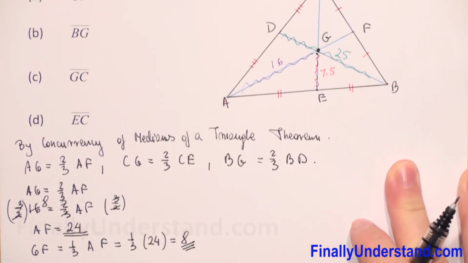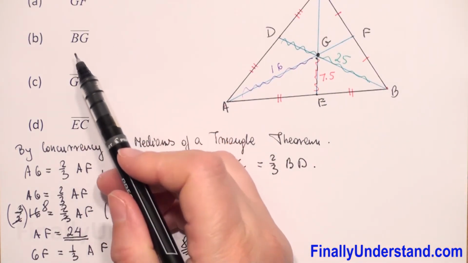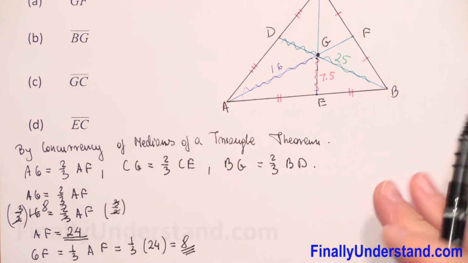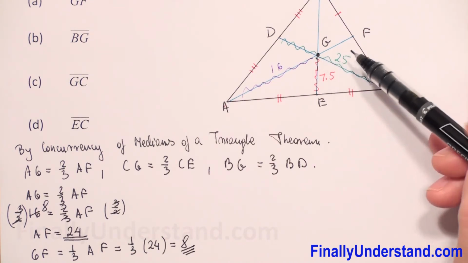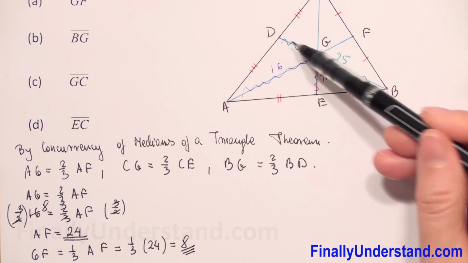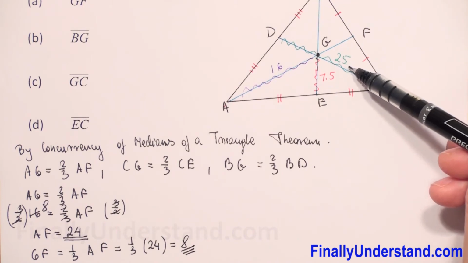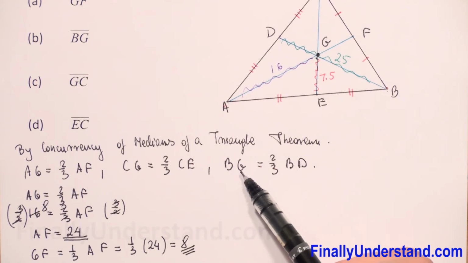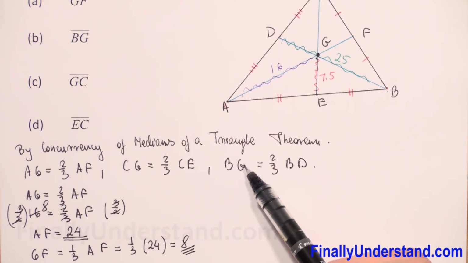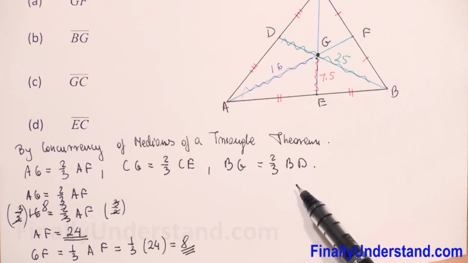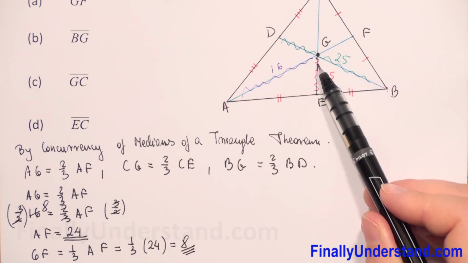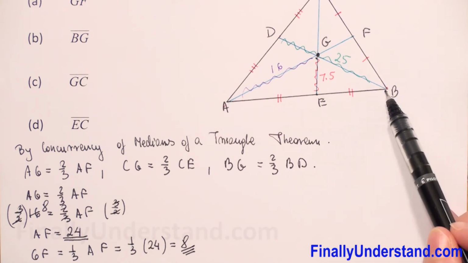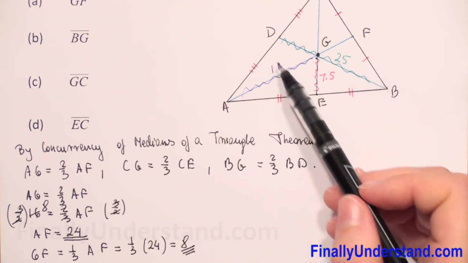Next, we have to find BG. We have given that BD is 25. So again, we will use concurrency of medians of triangle theorem, which tells us that BG is equal 2/3 of this whole part BD.